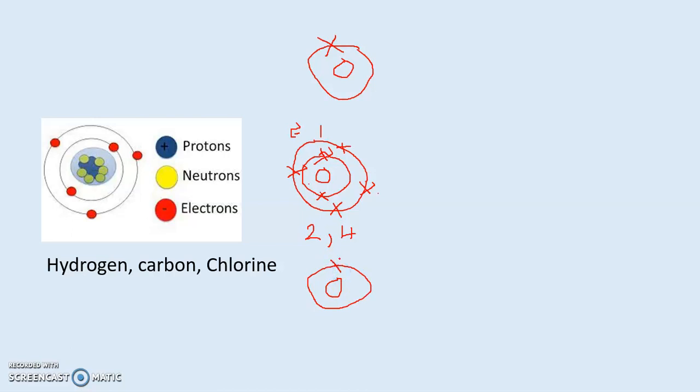The atomic number is 17, so we add 2 electrons for the first shell. 2 from 17, we're left with 15. The second shell can hold up to 8, so we add 8 on the second shell. Bear in mind the electrons can be represented by an X or a dot.